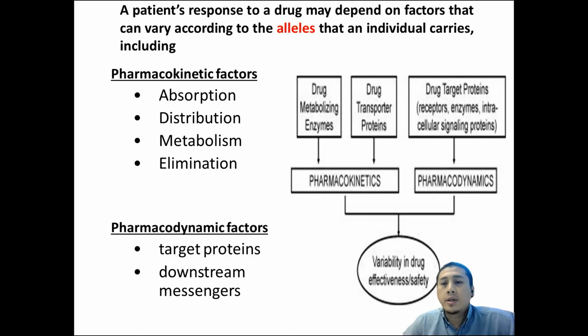So the variation in the sequence of the receptor protein will also affect how it responds to the drug. Maybe if there is a variation in the receptor, the receptor does not bind to the drug. That's why you do not get any positive response towards the drug. All the variations in these proteins can lead to variability in drug effectiveness and safety.